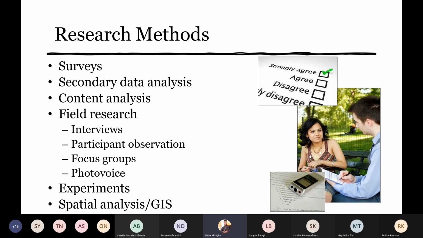And then what about experiments? And what sort of experiment will that be? Experiments, qualitative or quantitative?